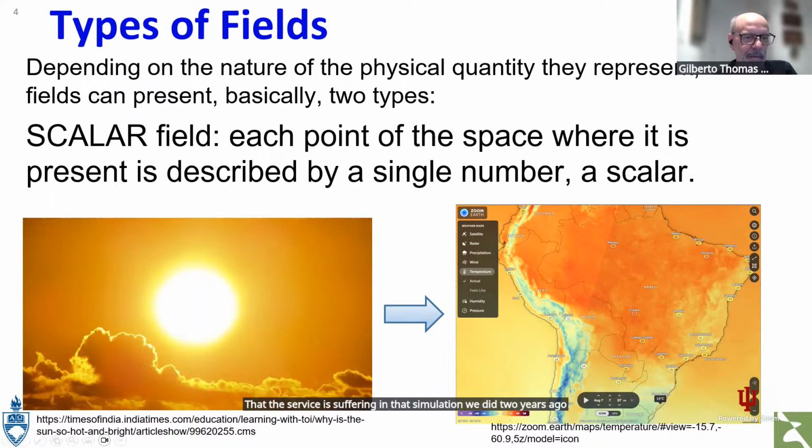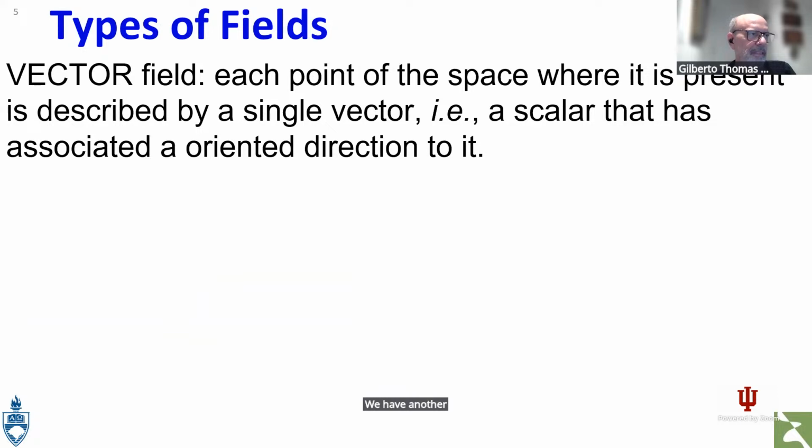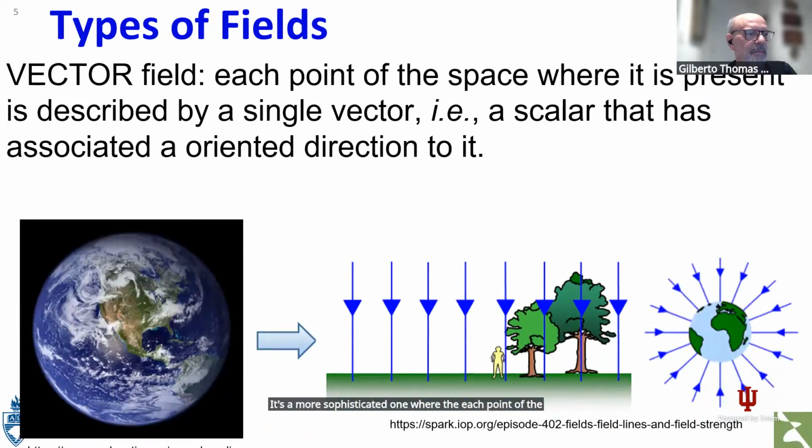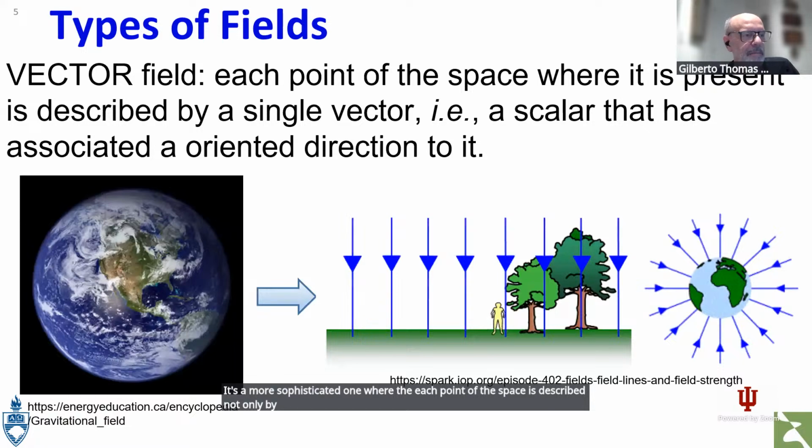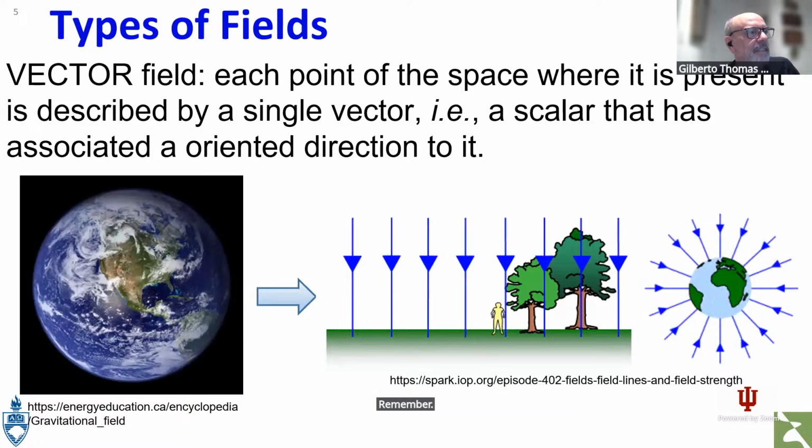Okay, but we have another kind of field, the vector field. It's a more sophisticated one, where each point of the space is described not only by a number, but also with an oriented direction. And here is the example.